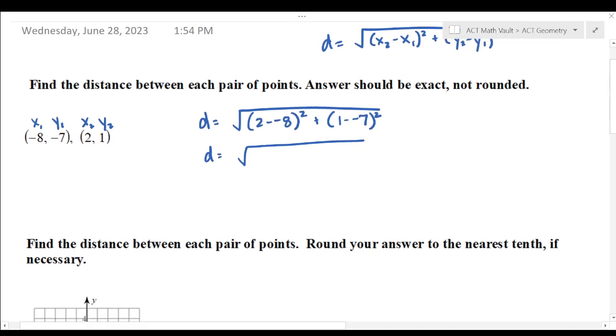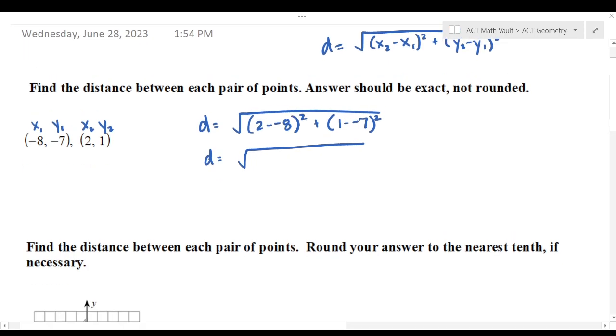And that's something I want to point out in the next one, where perhaps you would have a negative in the parentheses and then you'd have to square it. Right here, though, we just have to make sure we remember that minus a negative would be a positive. So we get 10 squared plus 8 squared.